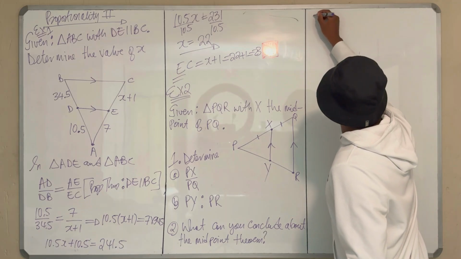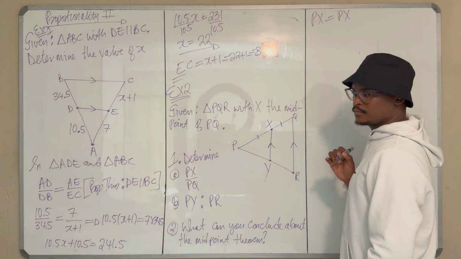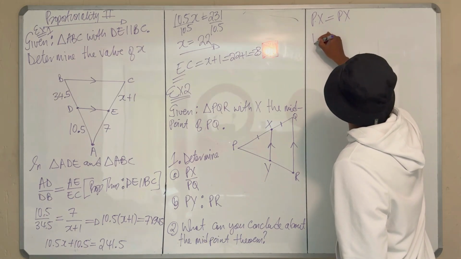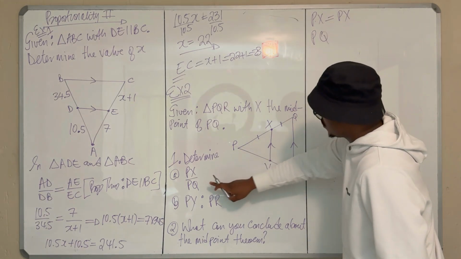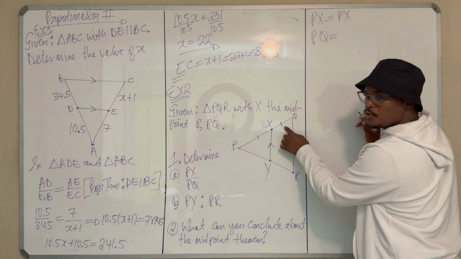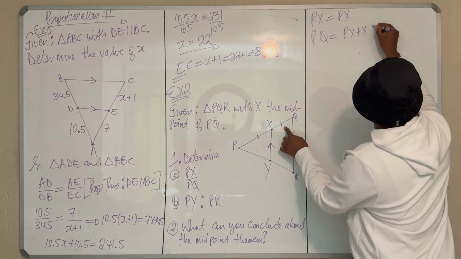So PX is just equal to PX, because PX is PX, right? Yes. Look at PQ now, the one that we want. PQ is PX and XQ. So you say PX plus XQ.